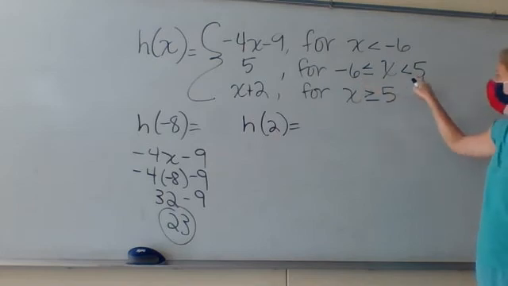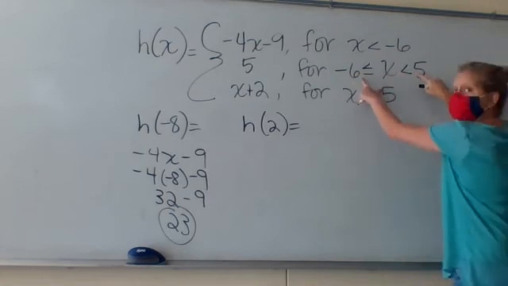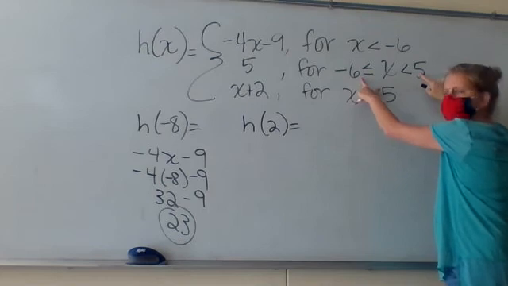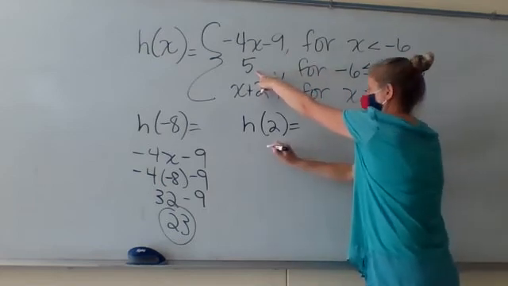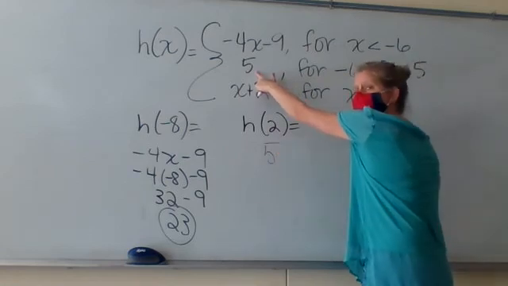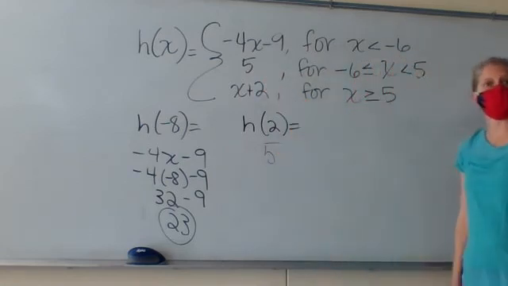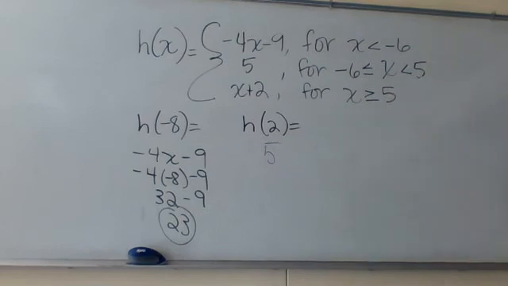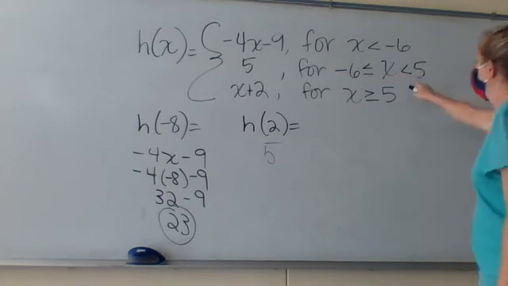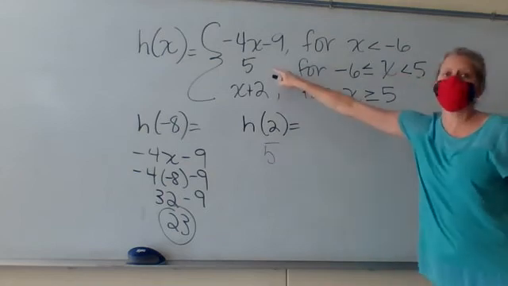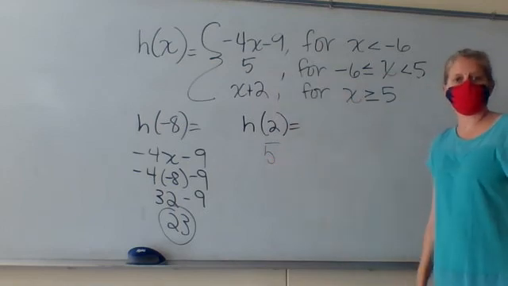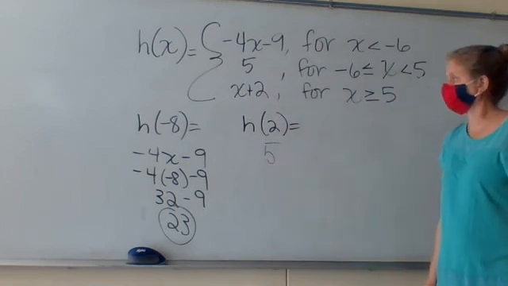On a number line, 2 would fall somewhere between negative 6 and positive 5. So it goes in this piece. Look, what is this piece though? If you fall in that piece, your answer is simply 5, right? There's no x to plug it into. So if you are between negative 6 and 5, your answer is just plain old 5.